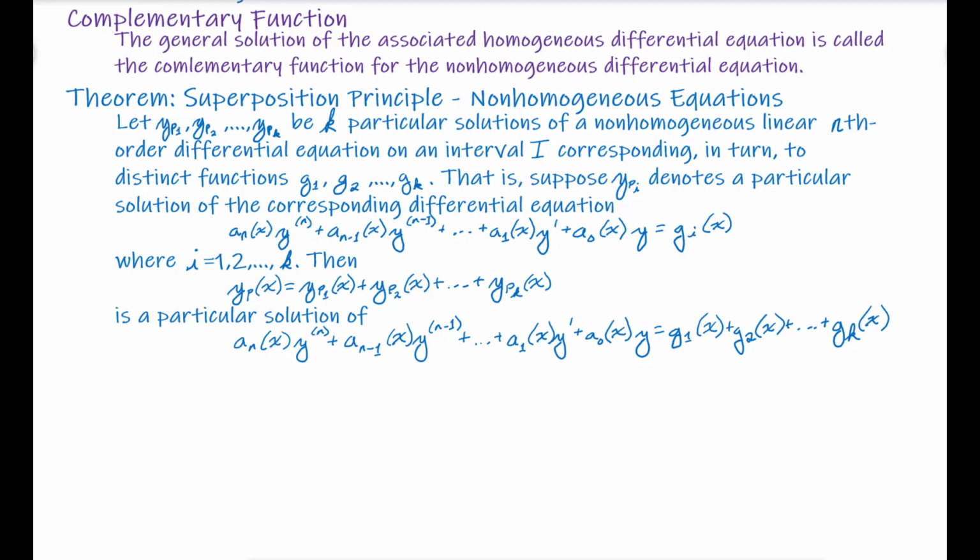So y sub p sub 1 of x plus y sub p sub 2 of x all the way up to y sub p sub k of x is a particular solution of the non-homogeneous equation that's given by having the basic linear setup of a differential equation on the left-hand side, and on the right-hand side I have g1 of x plus g2 of x plus up to gk of x.